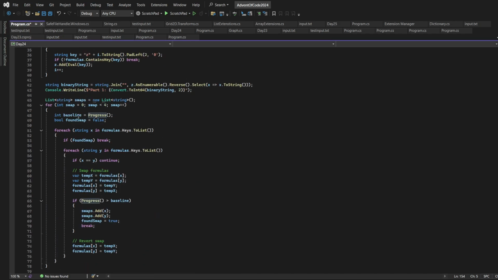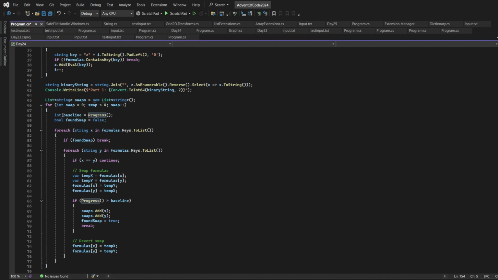So first we take our input and go to our list and find the first wire that is failing, and in my case it was Z05, I think.